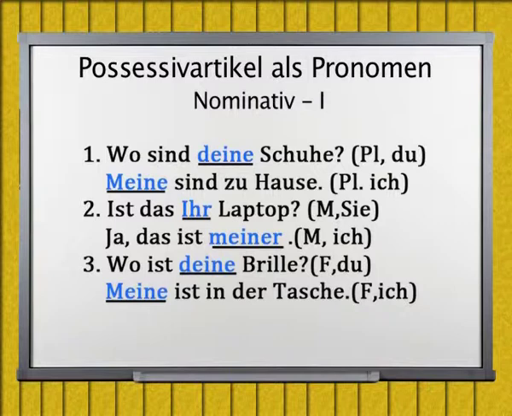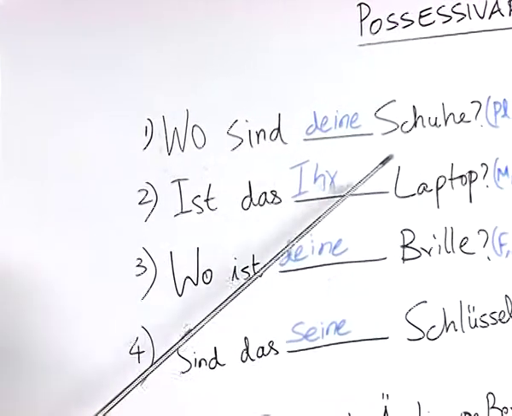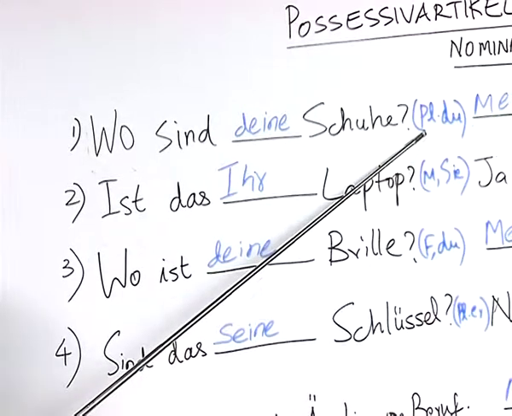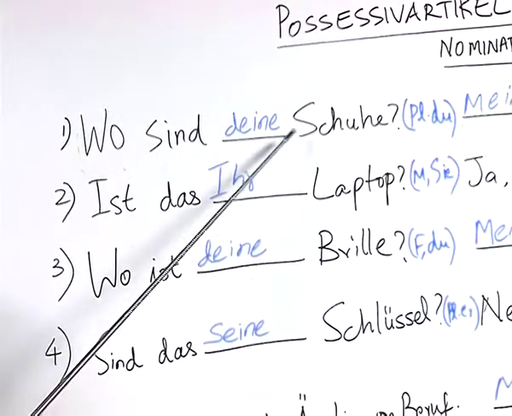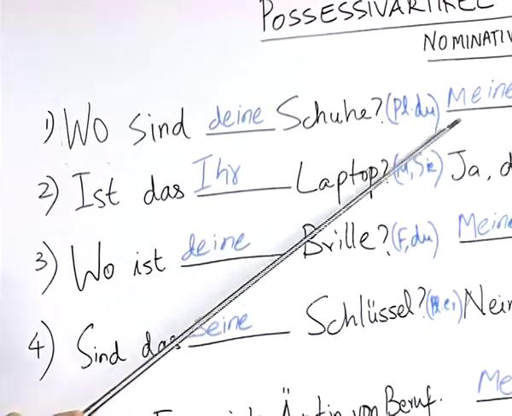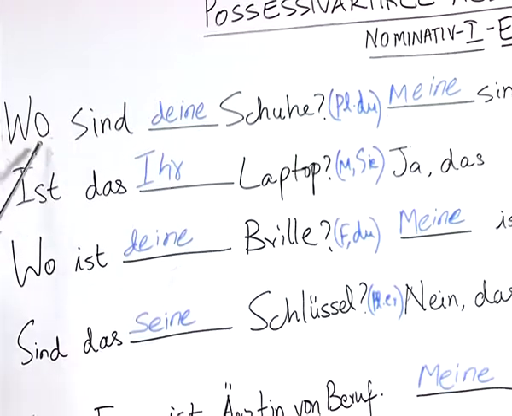Now, let us look at the answers given by the student. Here, the student had to correctly find out, based on the cues given in the bracket, what is the correct possessive article for the nouns, and write the correct possessive articles as pronouns. So, let us look at sentence number 1.